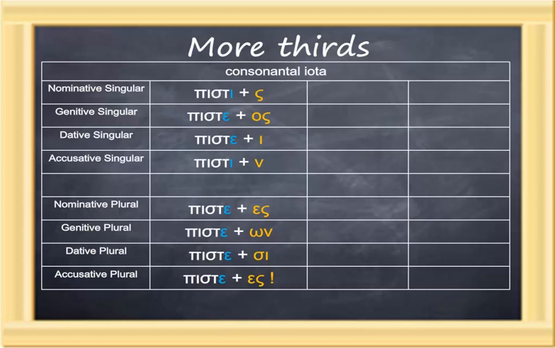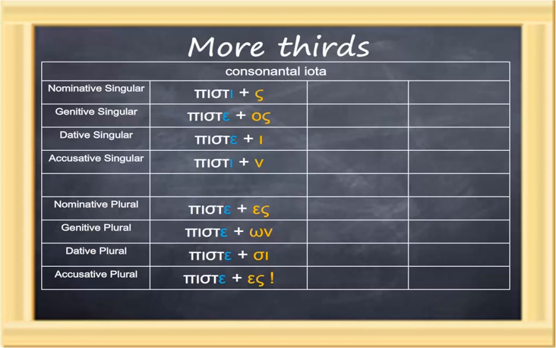Another pattern that shows up in the third declension involves stems that end in a consonantal iota. You recall the third declension is a declension in which the stems end in a consonant. Here we have iota or epsilon, as you see in the chart highlighted in blue.